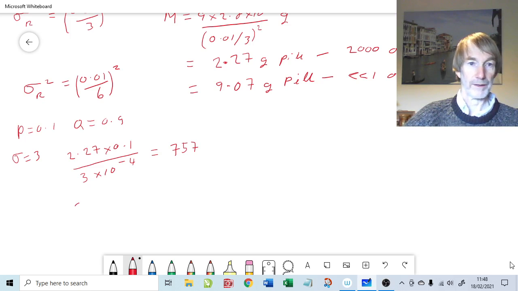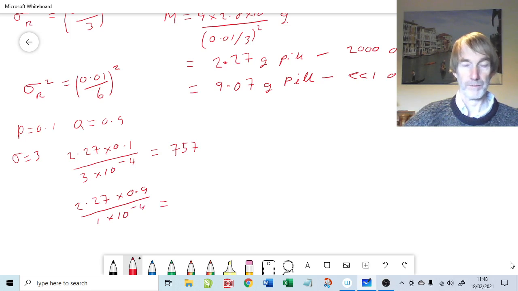We can then do the calculation for the rest of the material, which is 0.9. Here it was 100 microgram for each particle making up the non-active ingredient component, and that gives us 20,430.